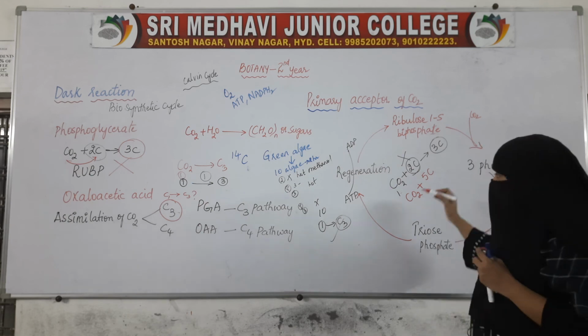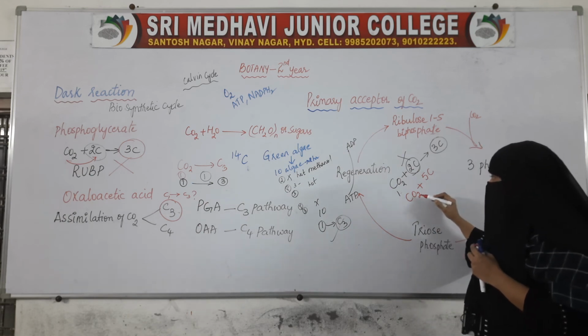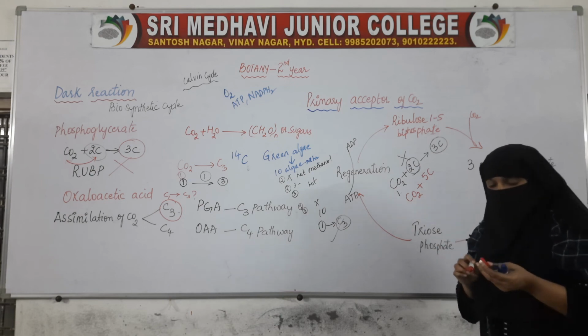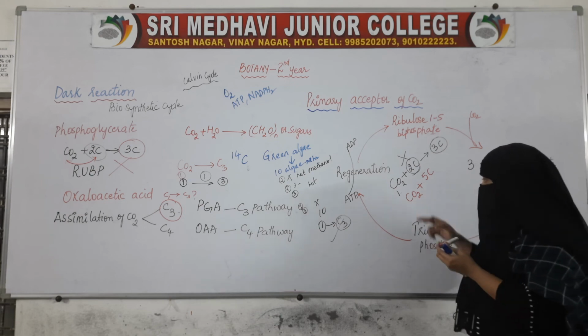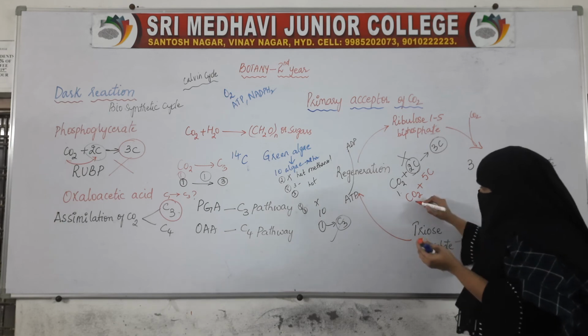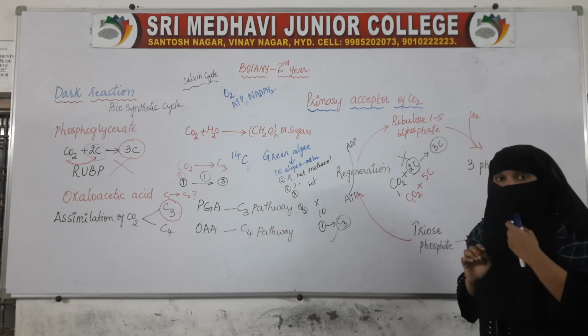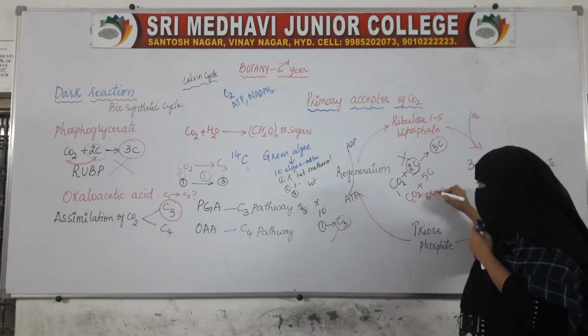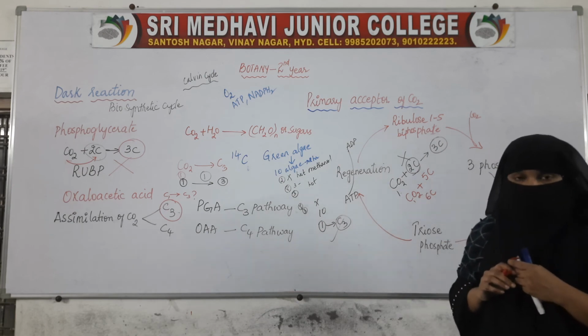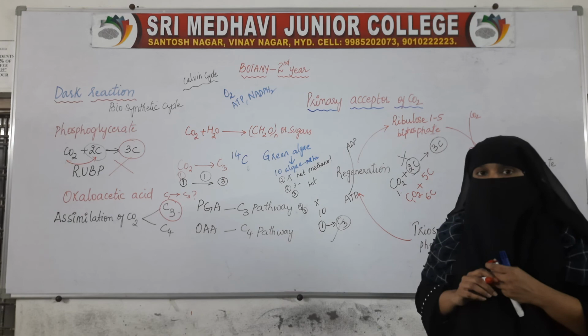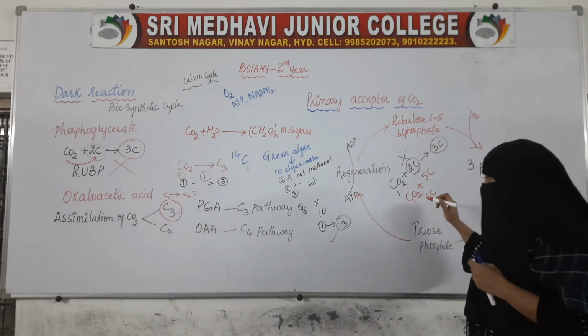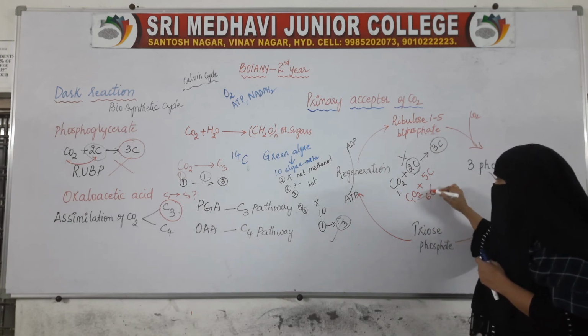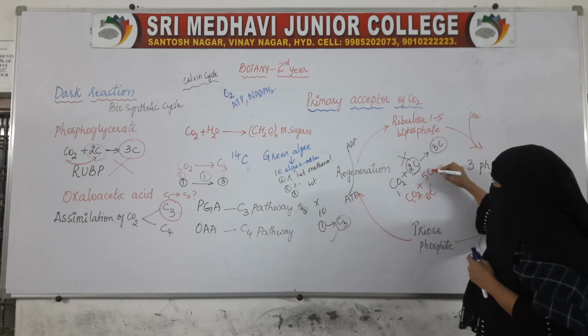Now how many carbons will there be? Here this is 5 and this is 1. When they combined, it has 6 carbons. So they form a 6 carbon compound.